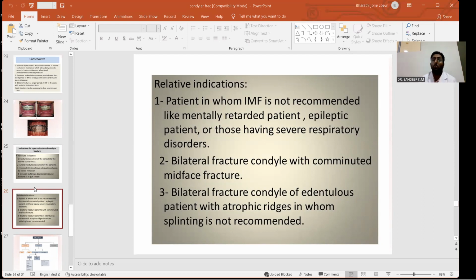In closed reduction, it's vital that we need teeth, because whenever occlusion is achieved, we assume the fracture has been replaced back to its anatomical position. So in the case of a fracture condyle with atrophic ridges, where you don't have any teeth to put in the IMF, or where we cannot put a Gunning splint, in such a case also we have to go for open fixation of the fracture.